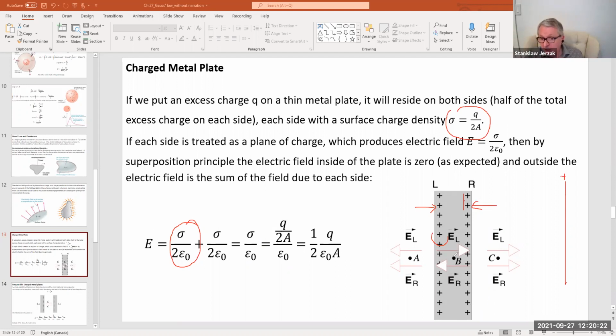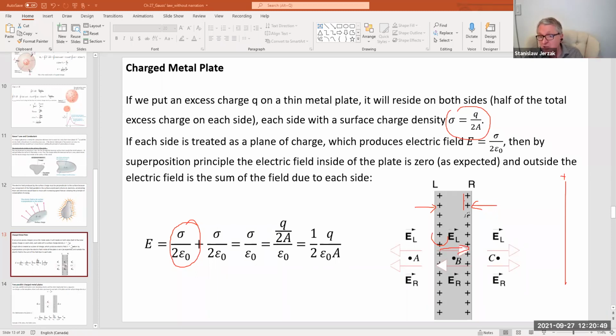Now at point B, one sheet, the one on the left-hand side, would produce an electric field to the left, away from positive charge, and the other sheet would produce an electric field at point B to the left, not to the right, because it is away from this sheet. So inside of that metal, these two sheets would produce electric fields in opposite directions. So the electric field inside of the metal would be 0, as expected.